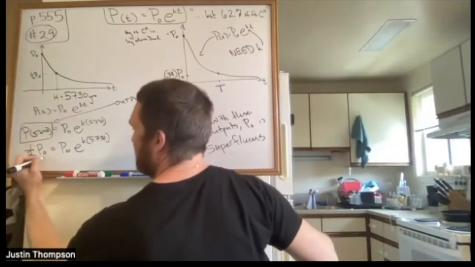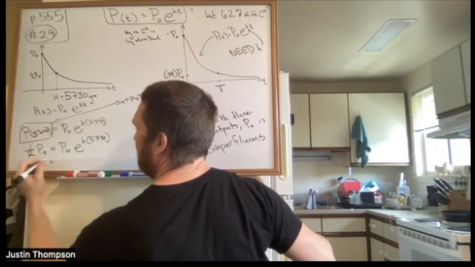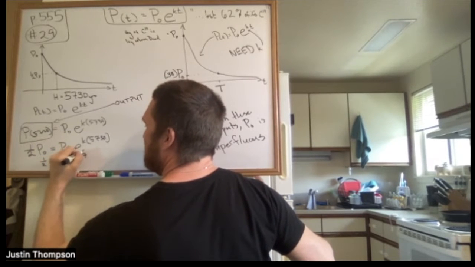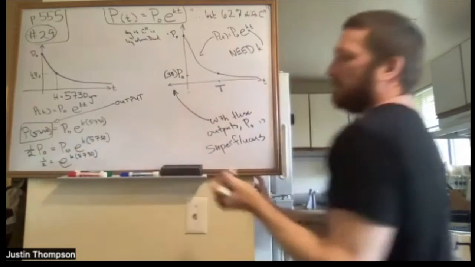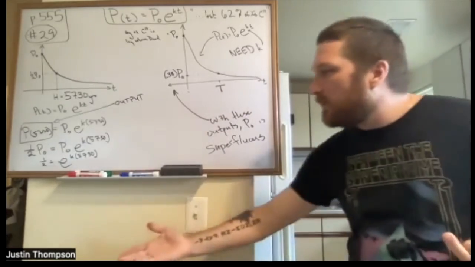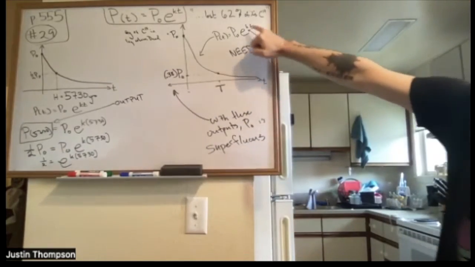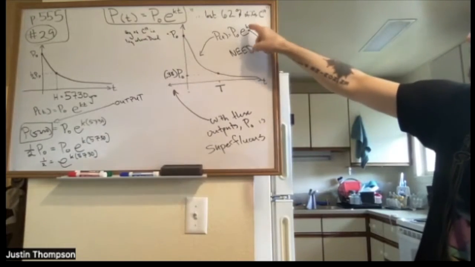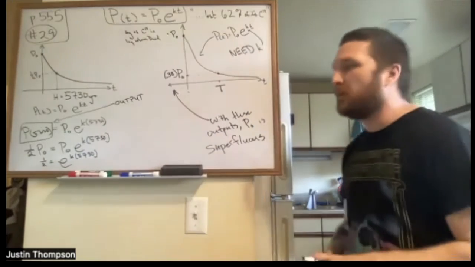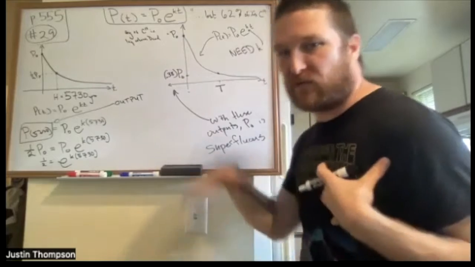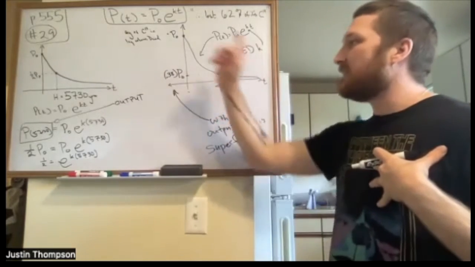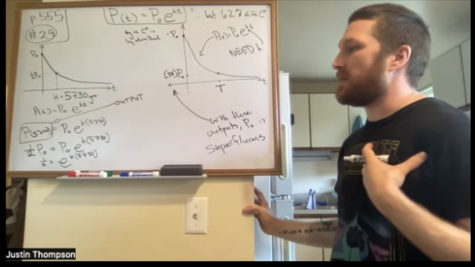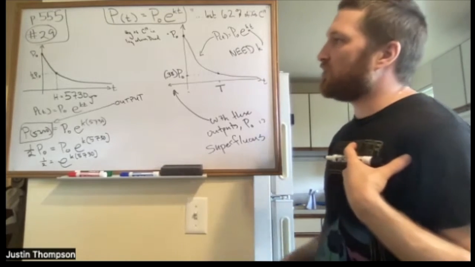Dividing both sides by P0 gives me 1/2 equals e to the k times 5730. Why am I doing k? What am I doing here? Oh, that's right. I need k. That's all of this right here, just to find what number k I need to plug into my scenario that I care about, which is this log that has decayed down to 38% of its initial value. Okay, so we're almost there.